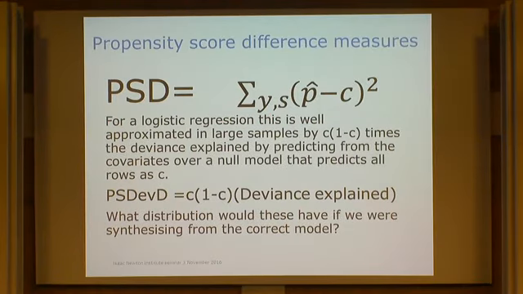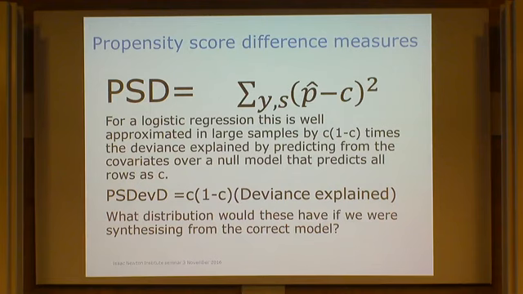So you calculate this propensity score difference measure, which I've tentatively called PSD, which is just the sum of the predicted values minus C, where C is the ratio, is the expected value. If you've got equal numbers in the two groups, then you're going to expect a half on average.